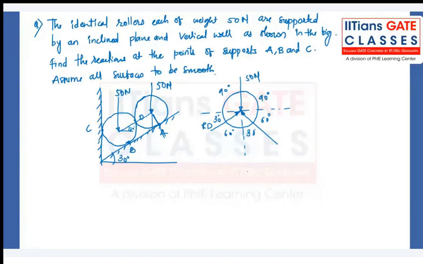So this is RD and this is RA. Now if I use Lami's theorem here, 50 divided by sine of 90, because 60 plus 30 is 90, and sine 90 is 1, is equal to RA divided by sine of 90 plus 30.